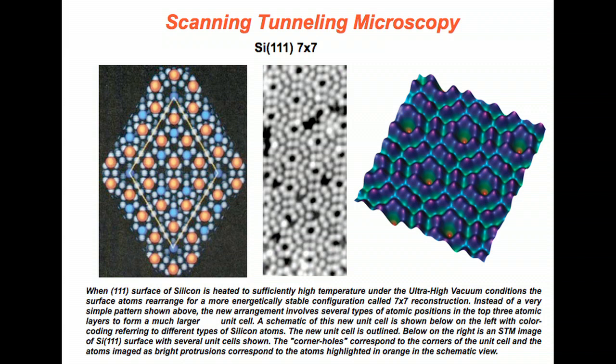The first surface where one could resolve atoms, and really what put the thing on the map, was called the silicon 7x7 reconstruction. So the surface of silicon undergoes a very complicated structural transformation when heated, and it forms a situation where you have some extra atoms on the surface, and you have holes in the surface in a geometric pattern.